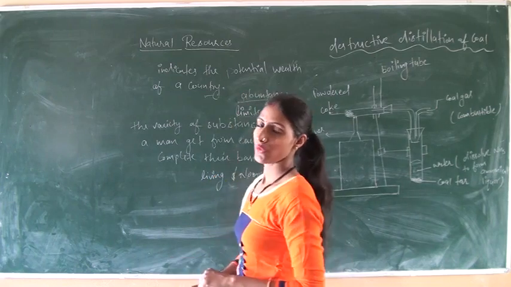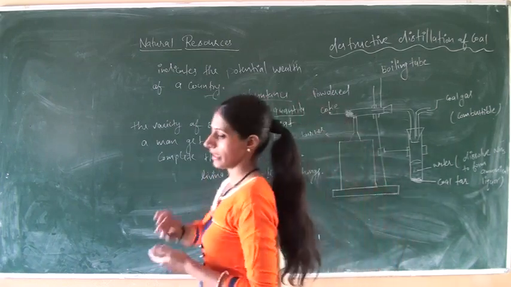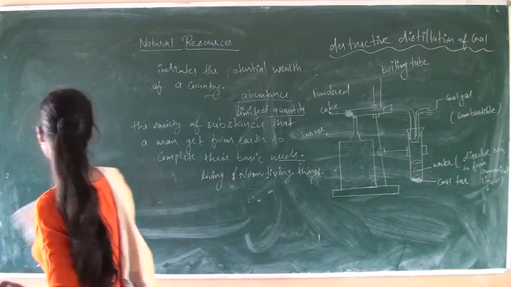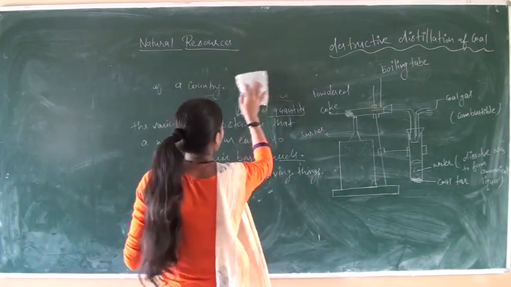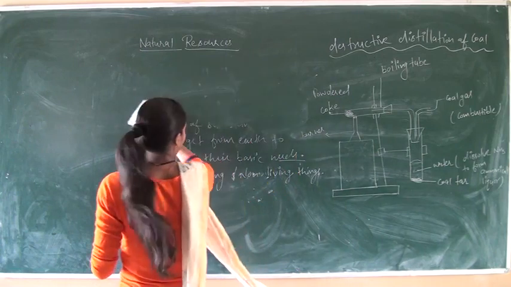On the basis of this, we can classify the natural resources into two general categories.